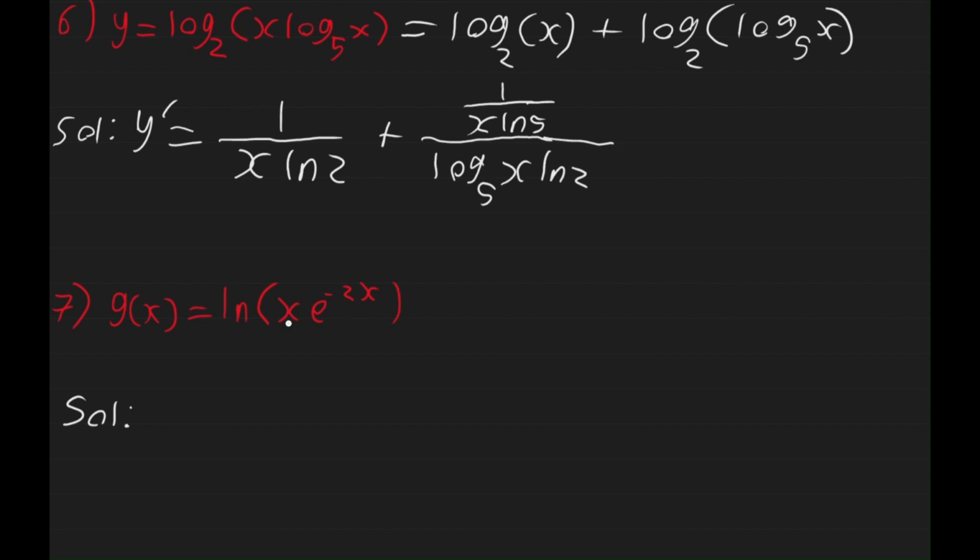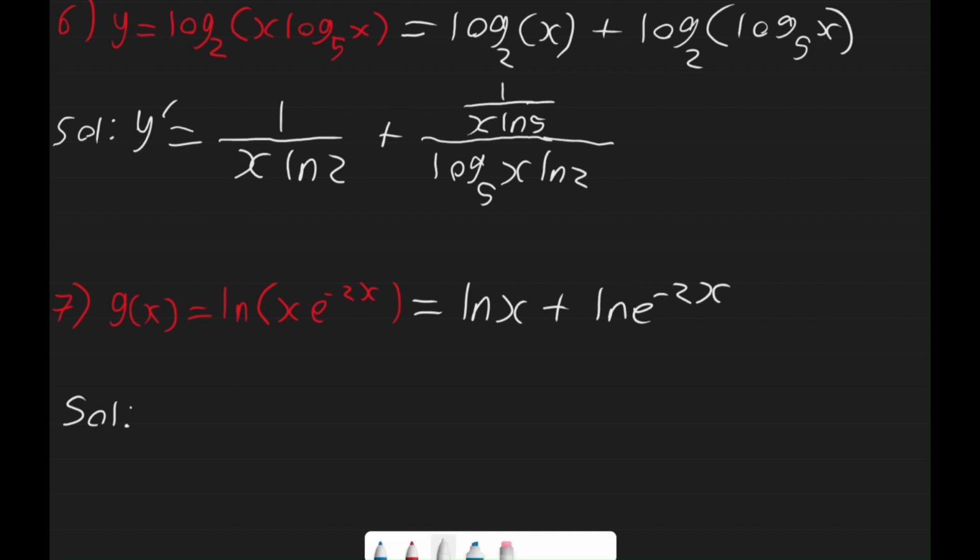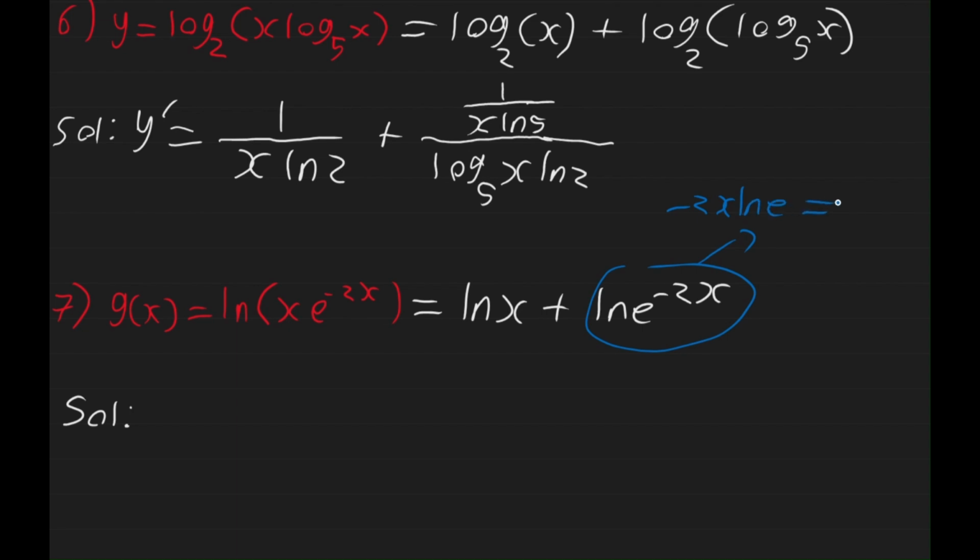For this example, we're also going to separate it. For ln, I'm going to say ln x plus ln e power negative 2x, which we can write as negative 2x ln e, which is equal to negative 2x.